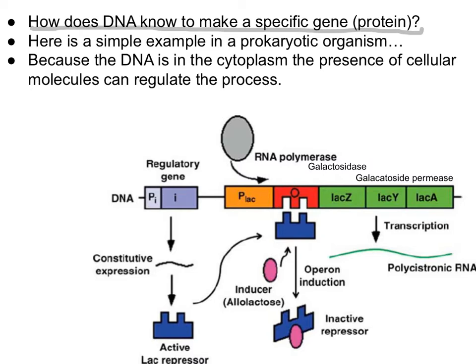So for example, you don't want to be making an eyeball in your ear, right? But you have the DNA to make eyeballs, and it is in your ear. So you need to have very specific promoters that are going to tell specific parts of the DNA to open up and to code for particular things.